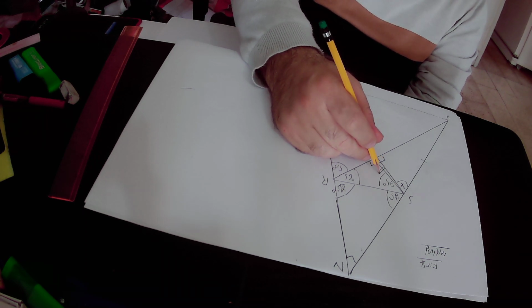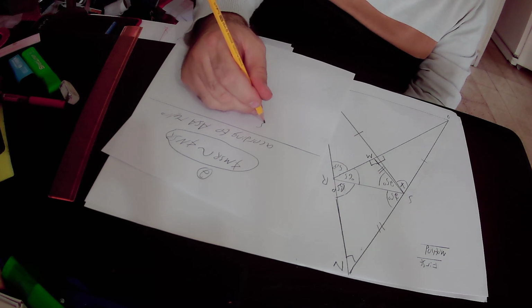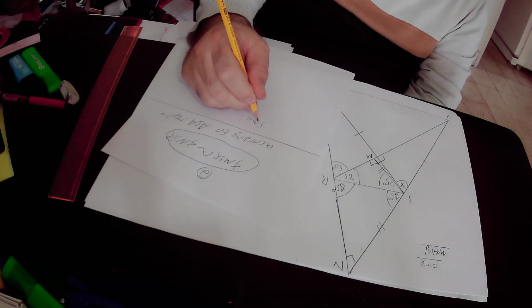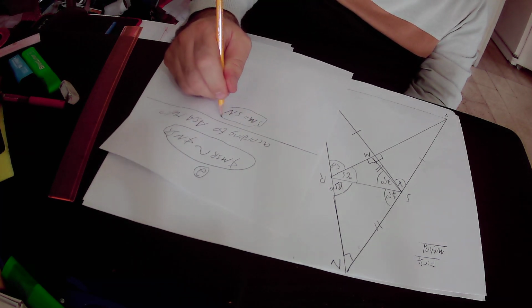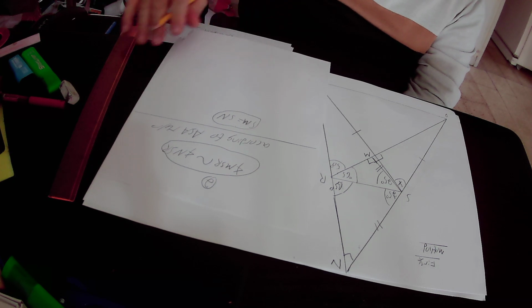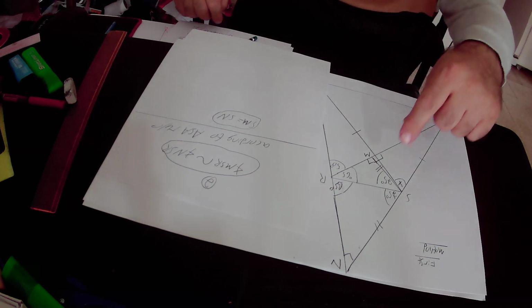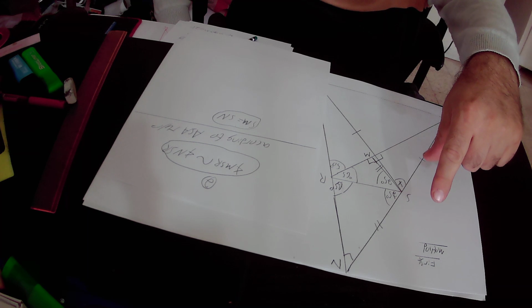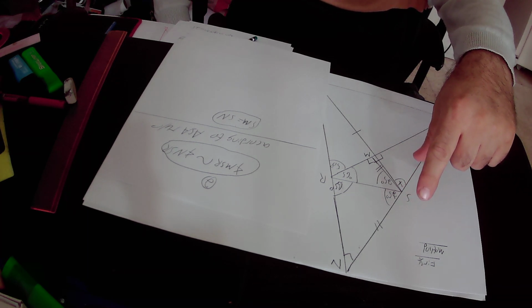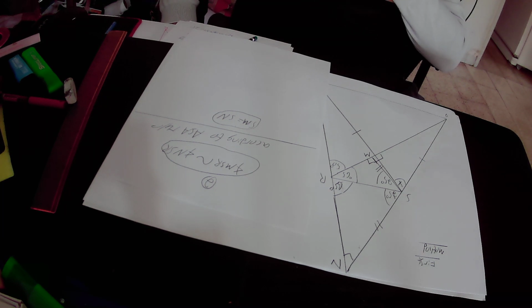SM is equal to SN, according to the rule that corresponding sides in congruent triangles are equal to each other. Those two triangles are congruent, and the corresponding sides, SM and SN, will also be equal to each other.